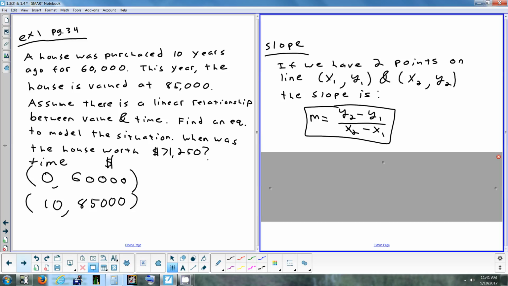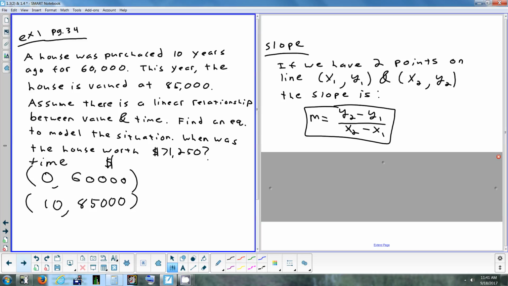So Brandon, what would I subtract in the top to find the slope? 85,000 minus 60,000. And then Cameron, how about in the bottom?